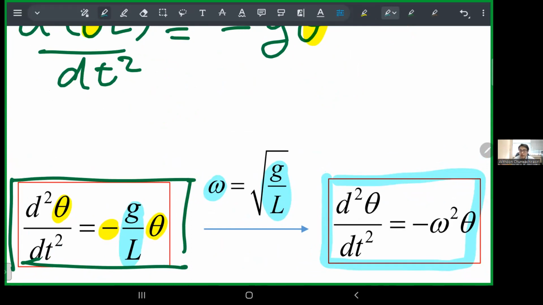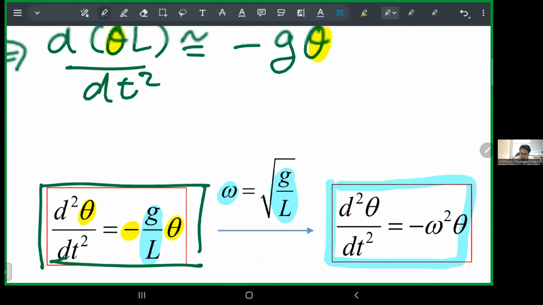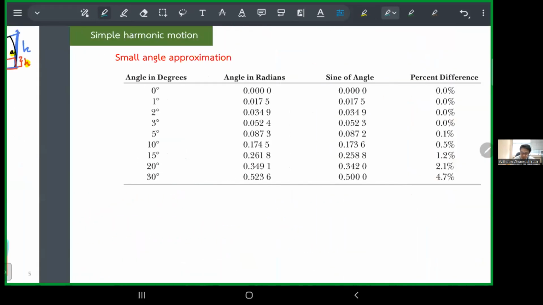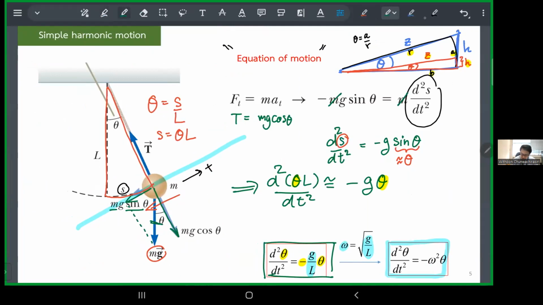You don't have to do anything anymore. I can tell you right away. Theta as a function of time is a sine or cosine, your pick, of omega t plus some delta. I'm done.